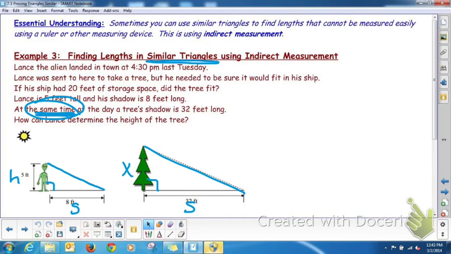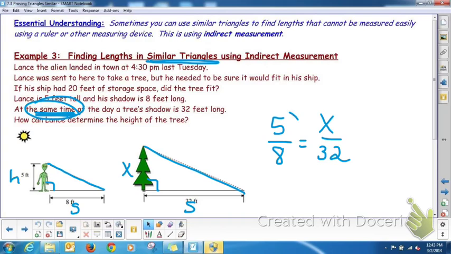So, the height of Lance over length of Lance's shadow, 5 over 8, height over shadow, equals the height of the tree over the length of the shadow, which is 32 feet. Will this tree fit in the cargo space on his spaceship?